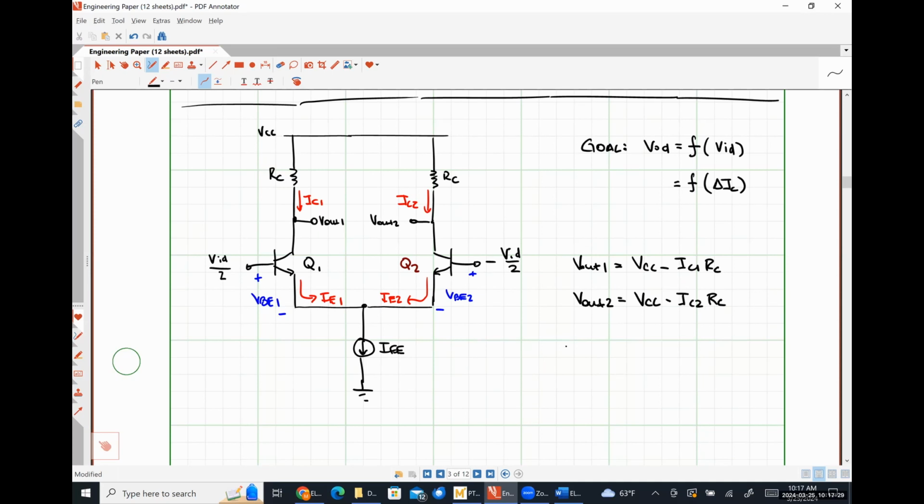So from this, our output differential mode voltage, V out 1 minus V out 2, is going to look like negative RC times IC1 minus IC2, or negative RC times the quantity delta IC.